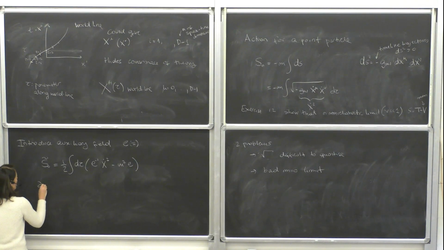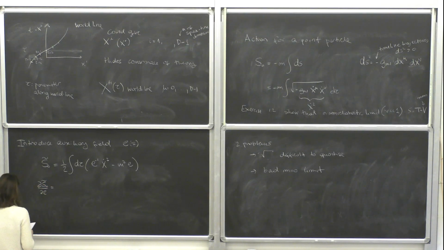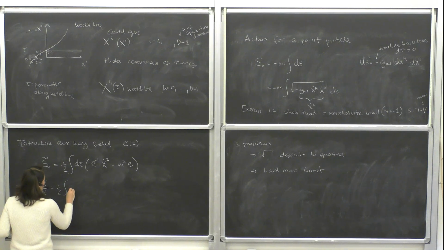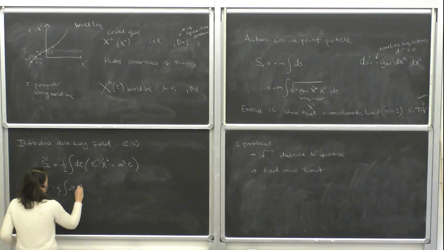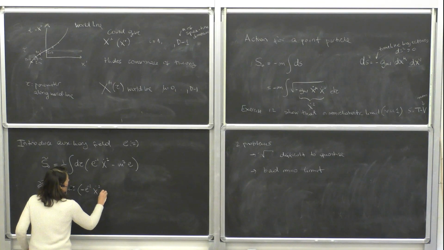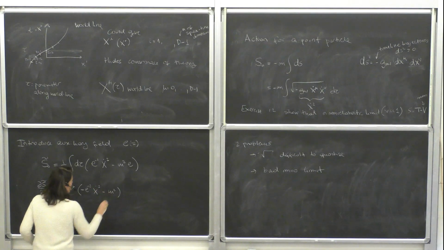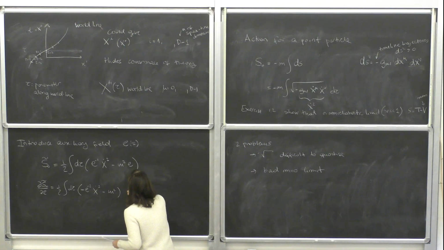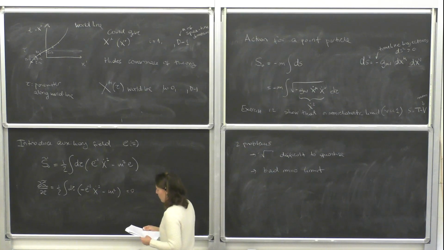If we do the derivative with respect to E of the Lagrangian, we get minus E to the minus 2 x dot square minus m square, and this should be equal to 0.